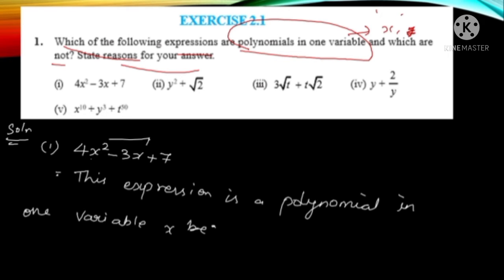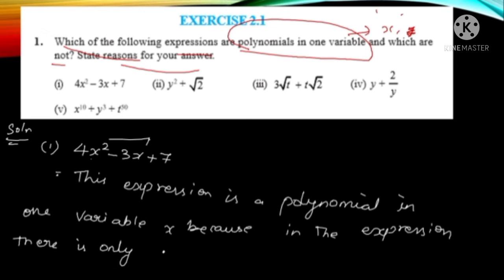So what is the reason we can give? Because in the expression there is only one variable x, and of course the other important thing you have to check is the powers, the degrees. The degrees should be whole numbers.